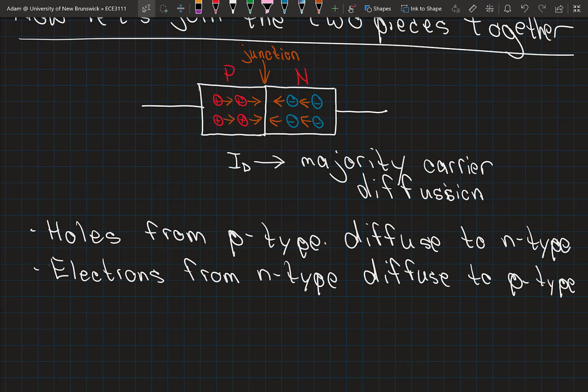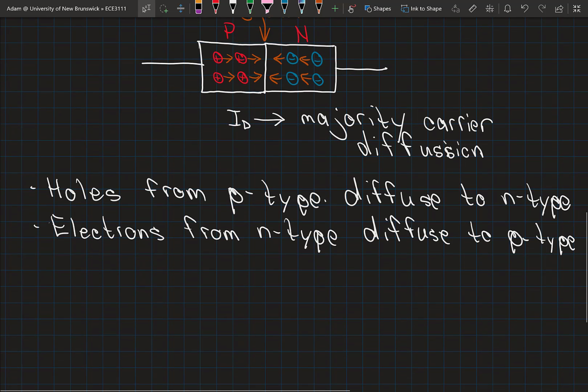Okay, but as that diffusion current takes place, we're going to have some recombination occur.